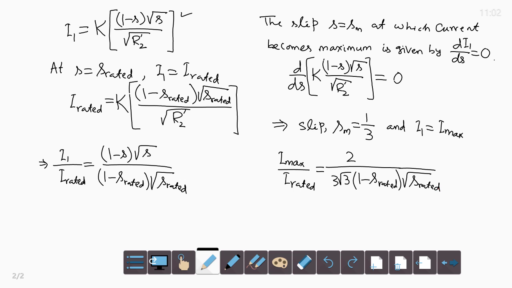So, this is the relation between current and slip for different conditions like maximum current and corresponding slip, and rated current and slip. We will use this analysis further for determining the optimum value of the slip or the range of slip at which operation is best preferred. That we will discuss in the next class. Thank you for your attention.